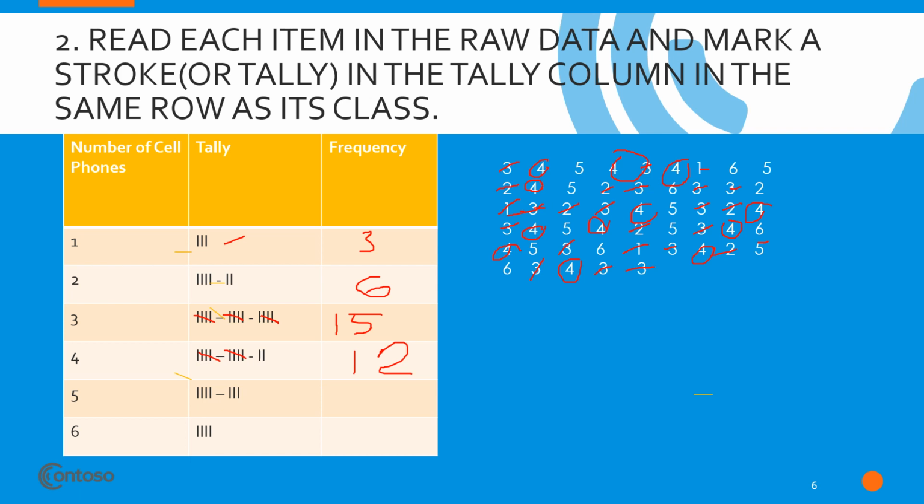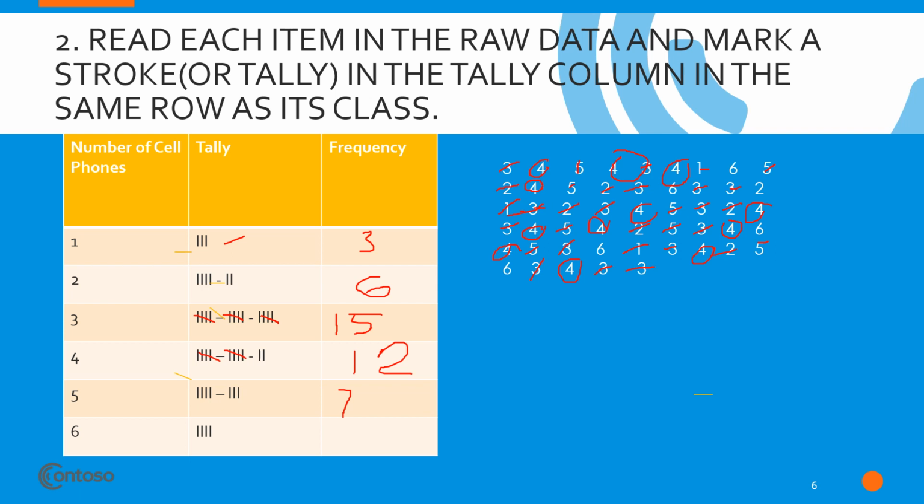Okay, next, let's have here the 5. How many families get 5? So 1, 2, 3, 4, 5, 6, 7. Okay, 7.